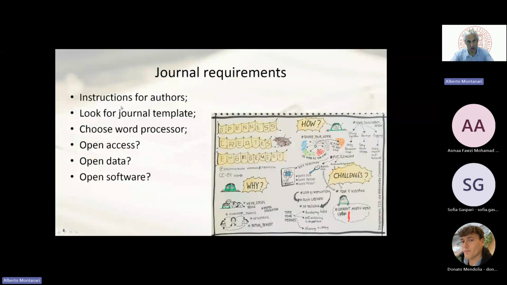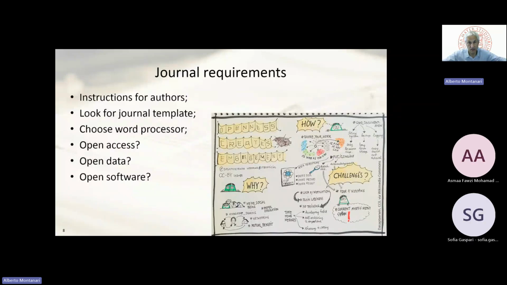Therefore, you get the journal requirements. The most important ones are those related to the length limitation and to how to structure the paper. Some journals require that you have, for instance, introduction, presentation of the results, and methods explained later. Other journals may want first the introduction, then the data, and then the methods, and then results.